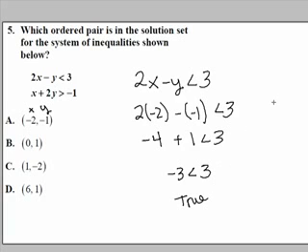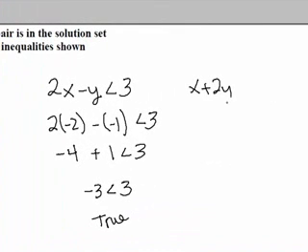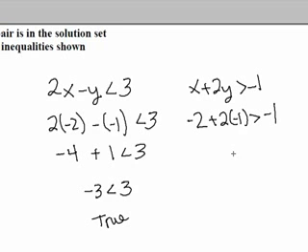Now we do the same thing for the second equation. Everywhere I see x, I plug in -2, and everywhere I see y, I plug in -1. We want to see if we get a true statement. So -2 plus -2 is greater than -1. -2 plus -2 gives me -4.